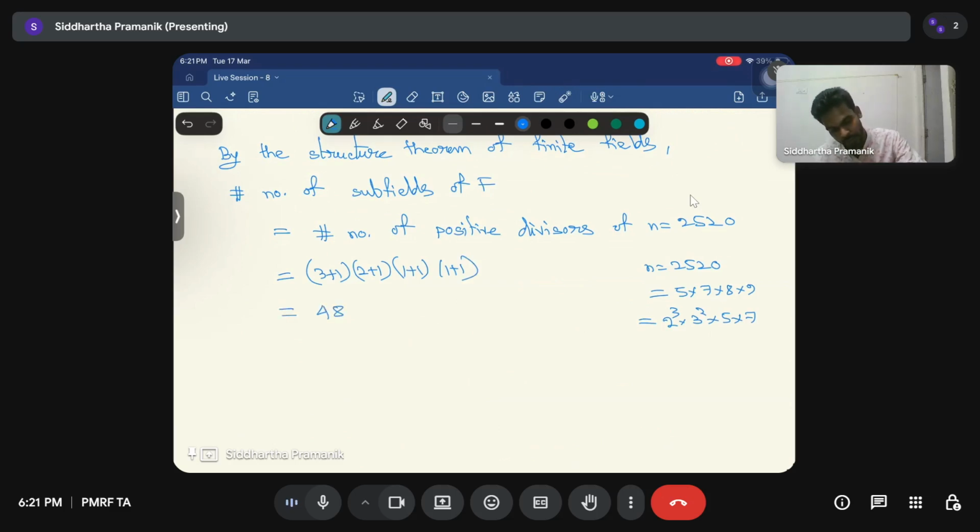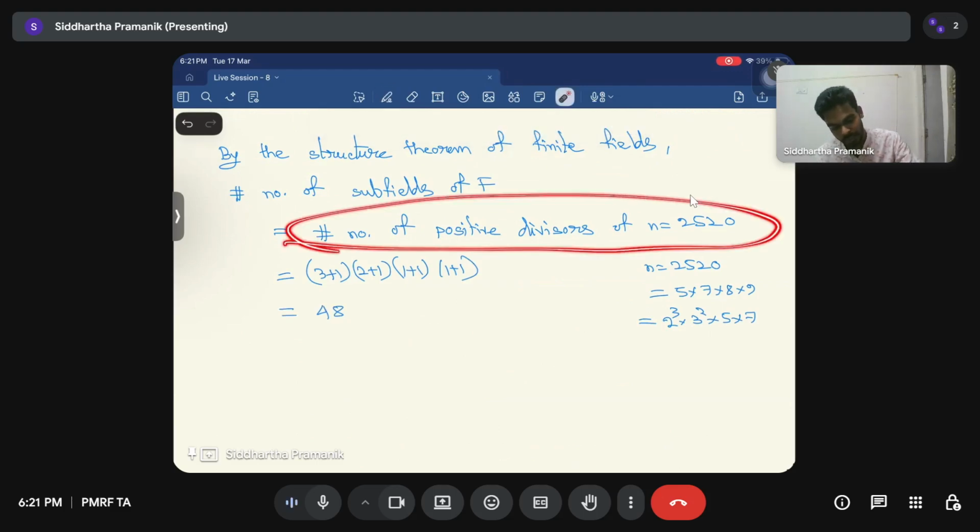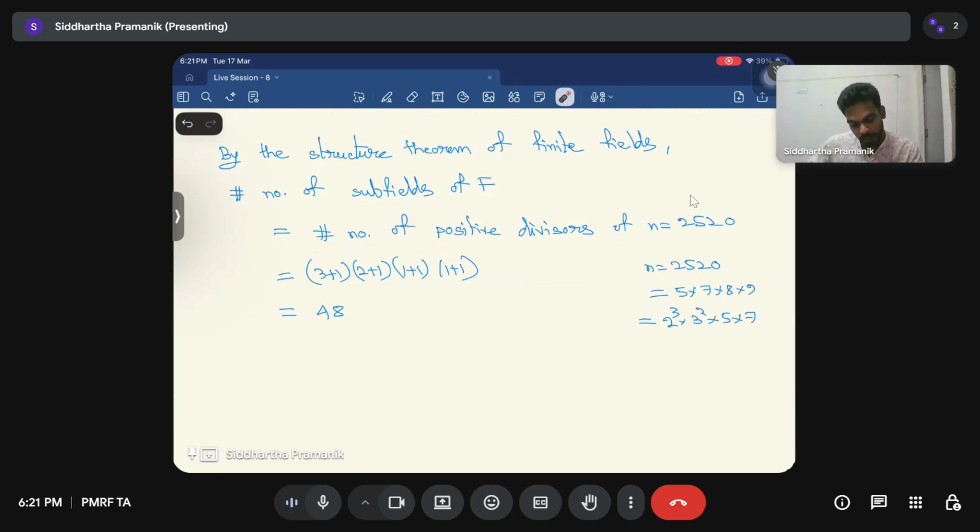So this is also a number theoretic function. This is called tau. We have already introduced one number theoretic function, which is known as the Euler function, which counts the number of positive integers less than n and relatively prime to n. And this number theoretic function counts the positive divisors.